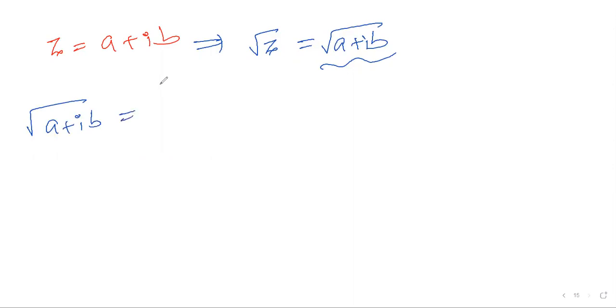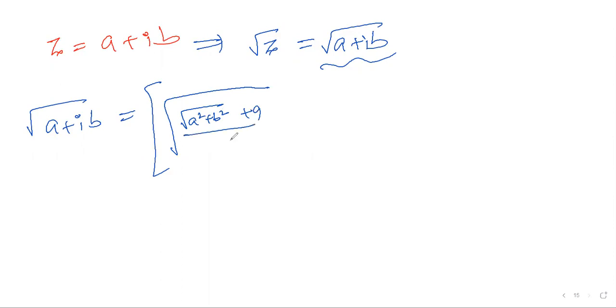The square root of a plus ib is the square root of the square root of a square plus b square, plus a, by 2. Copy the formula very clearly. Take a comma or plus, it is nothing. I'll take i common. Next, the square root of the square root of a square plus b square, minus a, by 2.